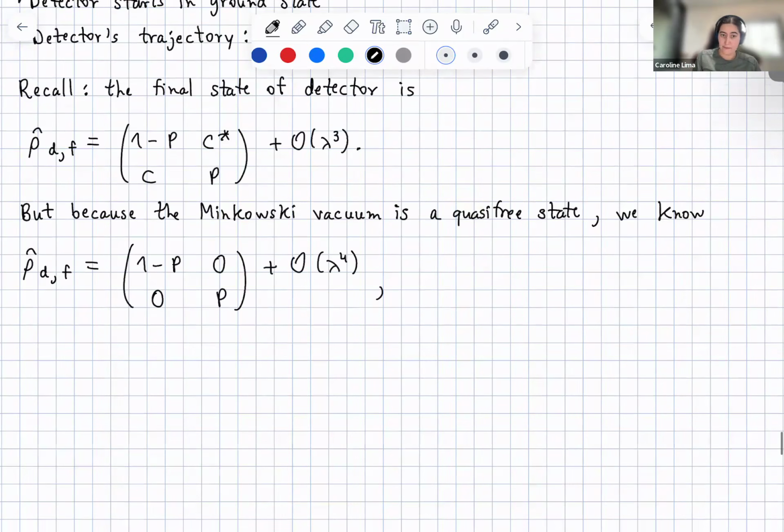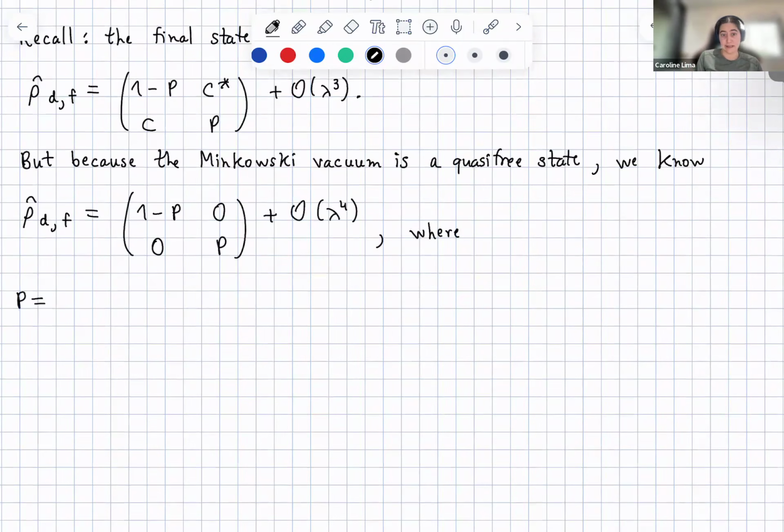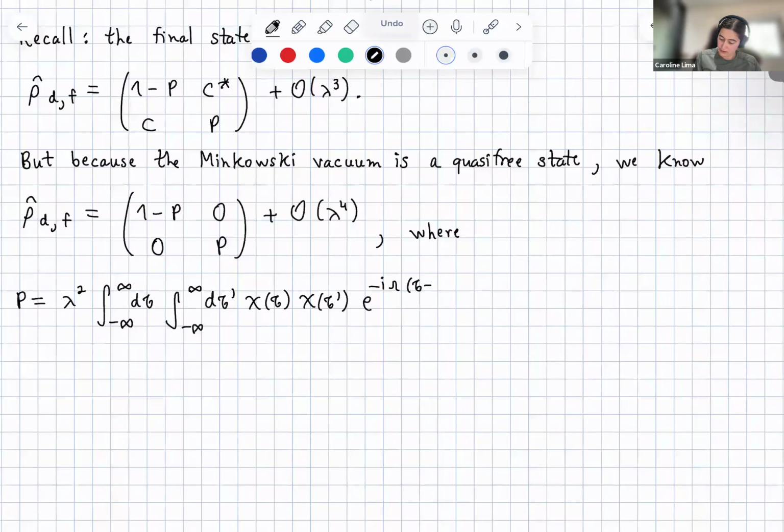Then recall the definition of this probability of excitation: lambda squared times the integral from minus infinity to infinity of d tau d tau prime, with the switching functions that I have, times e to the minus i omega (tau minus tau prime). And then I had the Wightman function computed along the detector's world line.